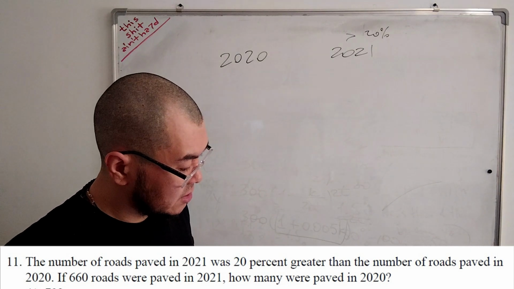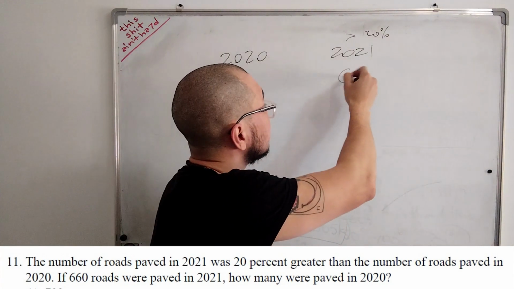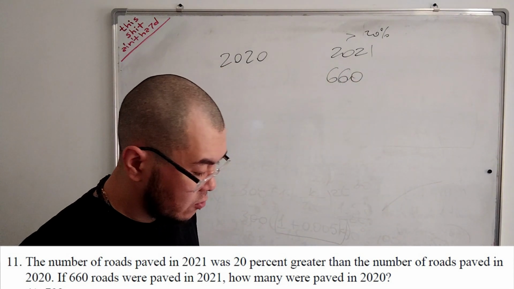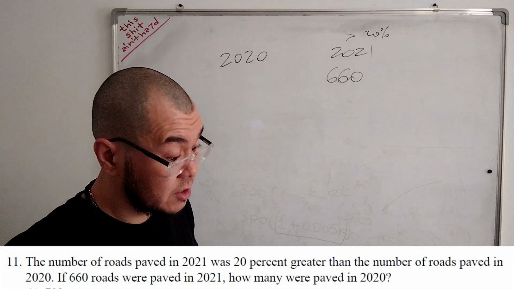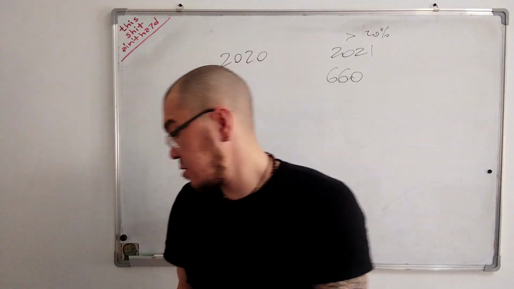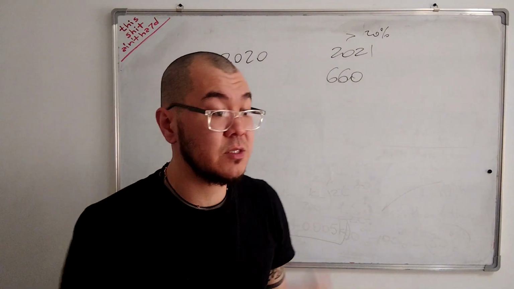If 660 roads were paved in 2021, how many were paved in 2020? There is a simple relation between the amount of roads paved in these 2 years.